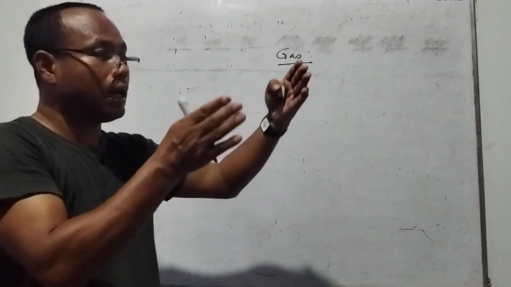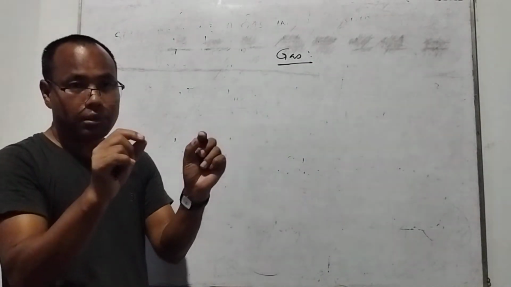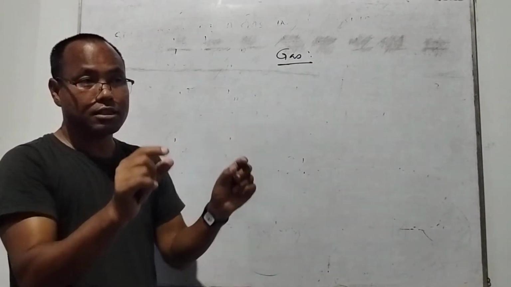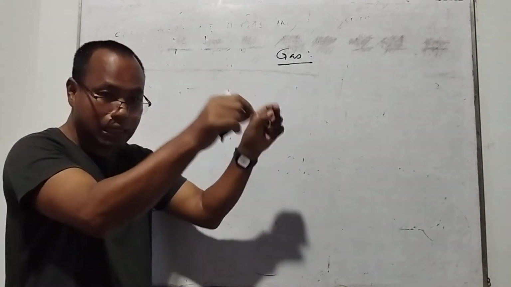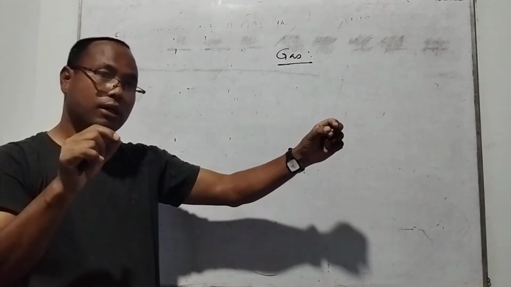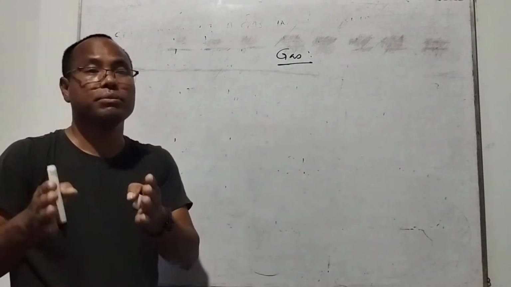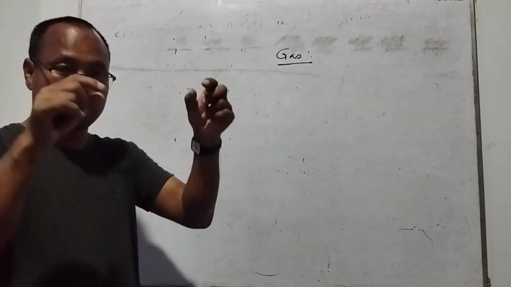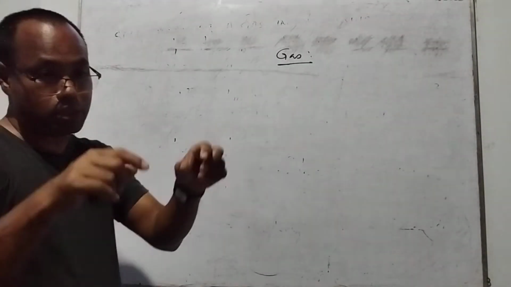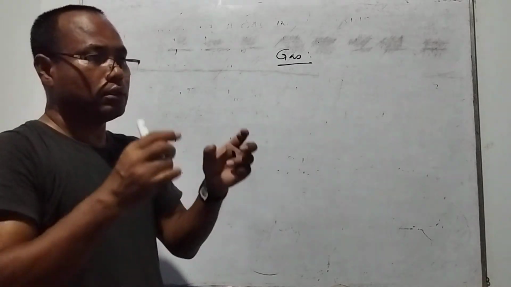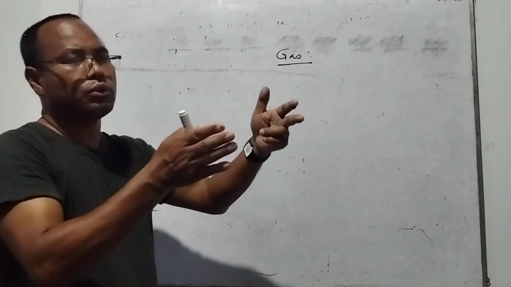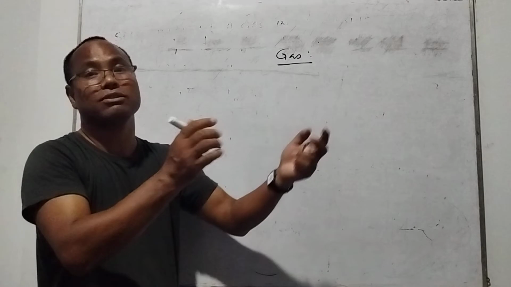Because the simple difference between liquid and gas is that the distance between the molecules in gases is very far compared to the distance between the molecules in the liquid. We can relate that idea to density.